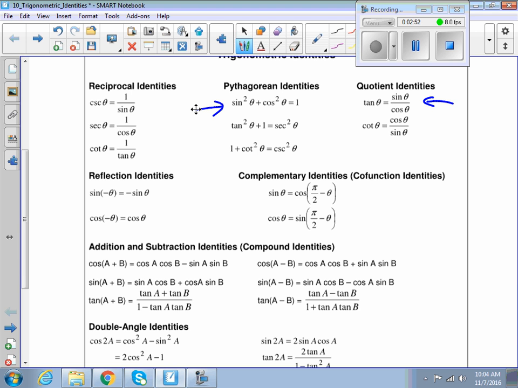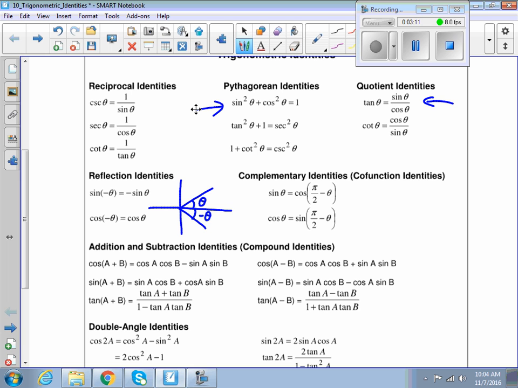Okay. Reflection identities: sine of negative theta is equal to negative sine theta, and cosine of negative theta is equal to cosine theta. I've already explained to you why that's the case. If this is angle theta and this is angle negative theta, cosine deals with x over r.